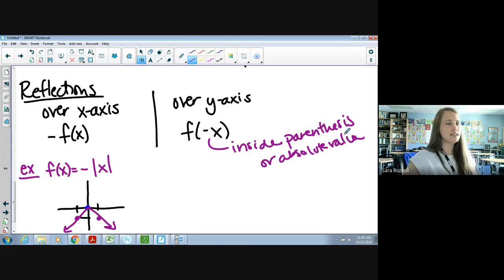If your negative is on the inside of any operation, that's going over the y-axis instead. But I won't have you graph any of those.